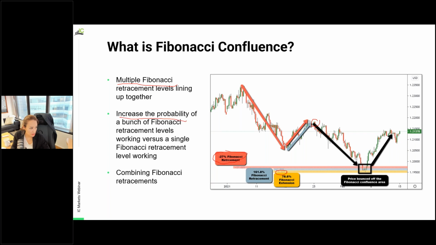It increases the probability of a bounce compared to a single Fibonacci retracement level working, and you can combine all of those together. So as you can see here, this is Fibonacci expansion, this is extension, and this is retracement. All three line up together, and then you can see that price bounced off from this level.